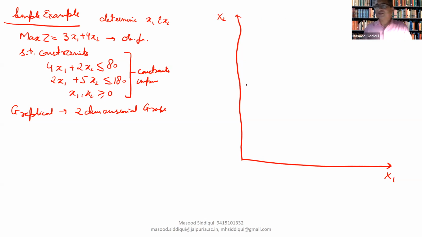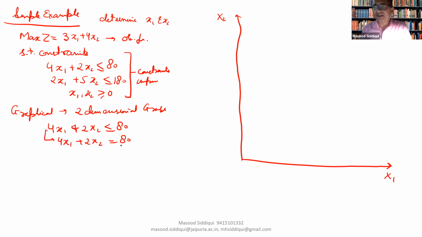Since they represent a line or a plane, we try to represent that. The first constraint is 4x1 plus 2x2 less than or equal to 80.